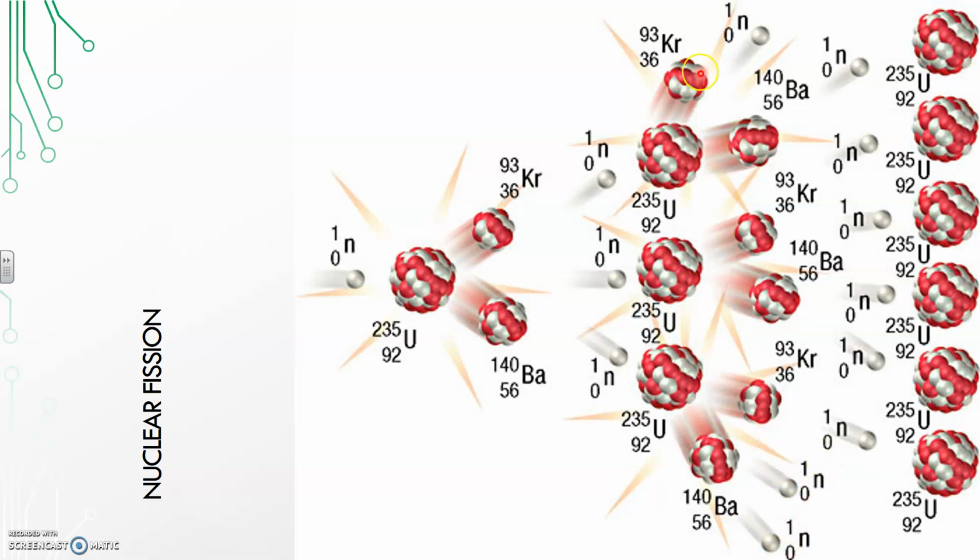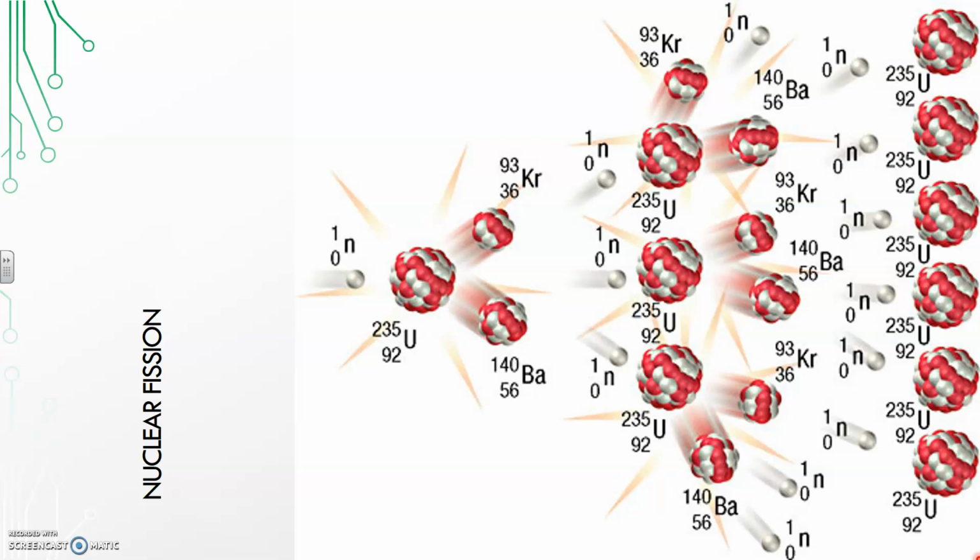If they undergo the same reaction, they can produce 3 more neutrons each. So you can see how this can build pretty quickly. With just 1 neutron, 2 rounds of the reaction, we now have 9 different neutrons going on to perpetuate this reaction, to keep it going, keep it moving, and keep reacting and releasing energy. And this all happens in a fraction of a second.